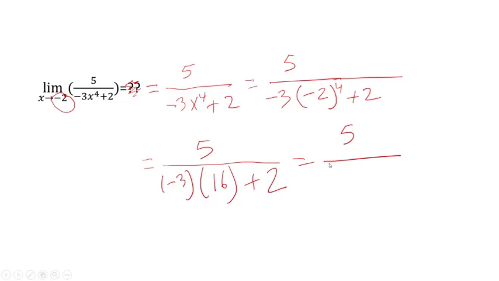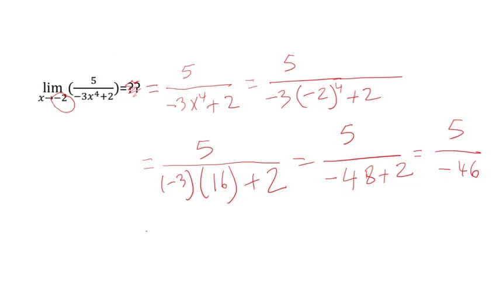So this is just 5 divided by negative 3 times 16, which is negative 48, plus 2. So 5 divided by negative 48 plus 2, which is negative 46.